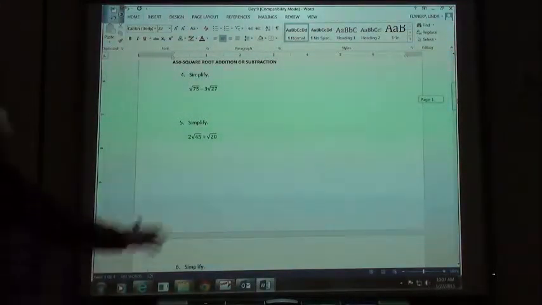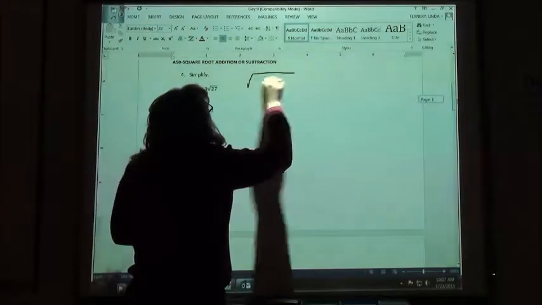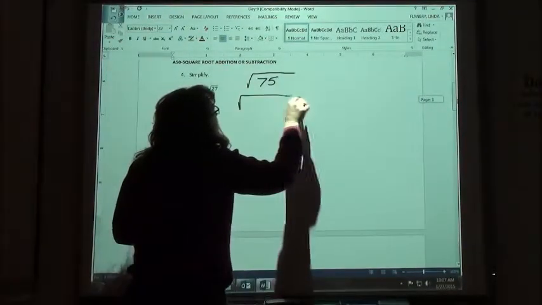So I'm going to simplify these just like I did before. If I have the square root of 75 to start with, I want to factor that.